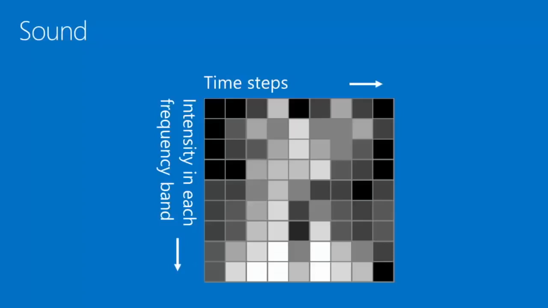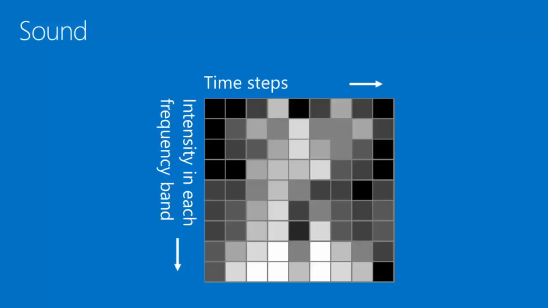Now, what you can do is take something like sound and chop it up into little time steps, and for each piece of time, the time step right before it and right after is more closely related than time steps that are far away, and the order matters. You can also chop it up into different frequency bands.